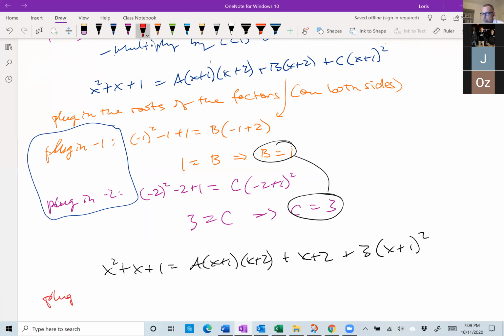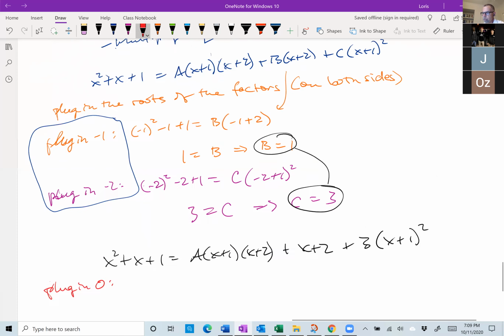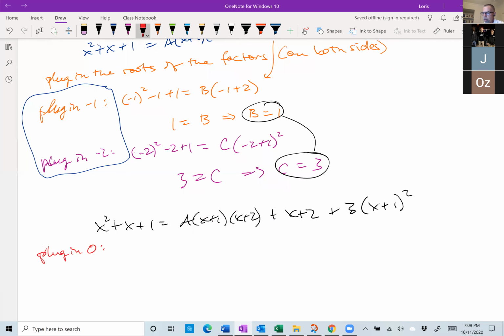So I get 1 on the left, and plugging in 0 there gives me 2a. And then I get plus 2, and then plus 3. So this is 5, put it on the other side, it's negative 4. So negative 4 equals 2a. So a must be negative 2.